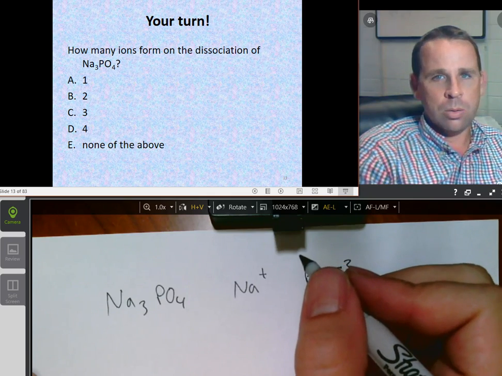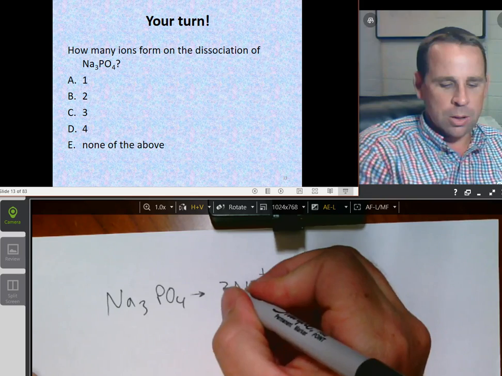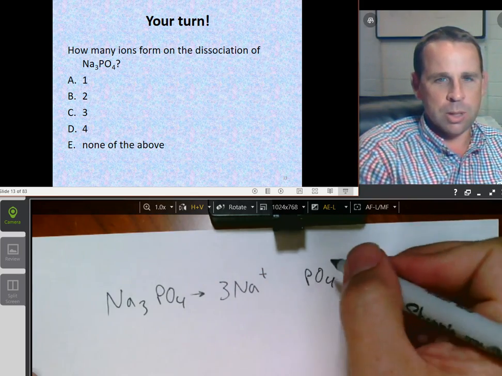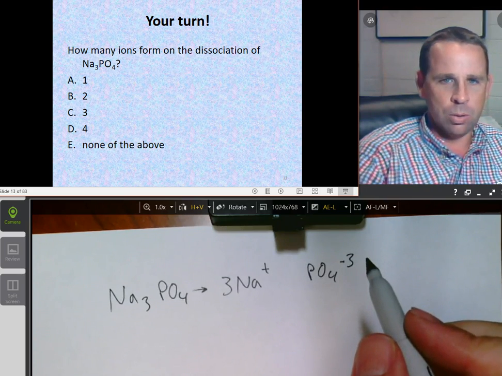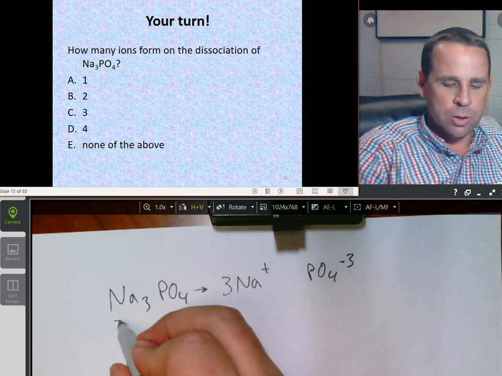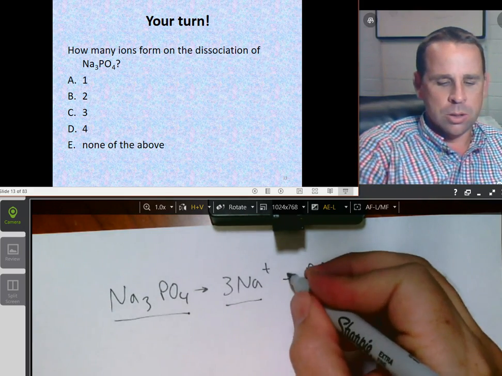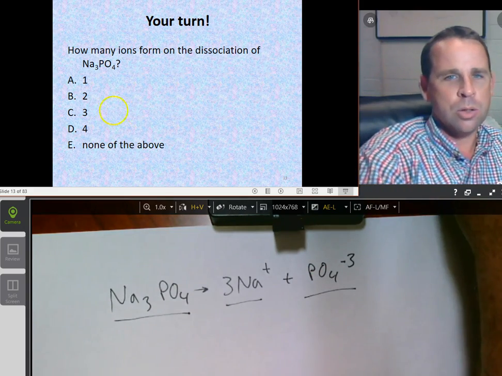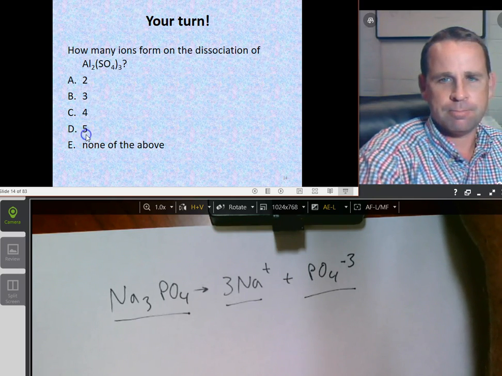Okay, so to do this correctly, I can also remember that there's 3 sodium ions for every 1 phosphate ion. And that is how I can count up the total number of ions. So for each one of these that goes in, I get 3 plus 1. It's a total of 4 ions. So when this dissociates, I'm going to get 4 ions.